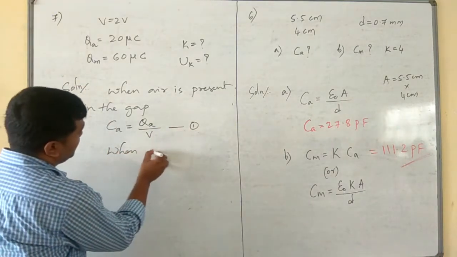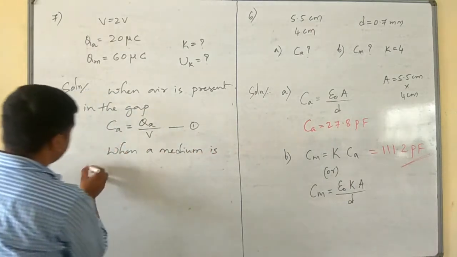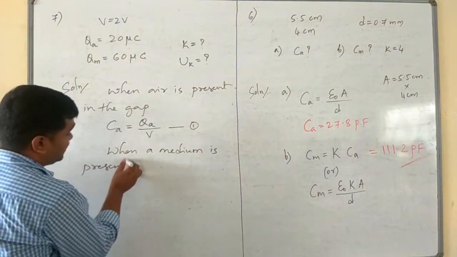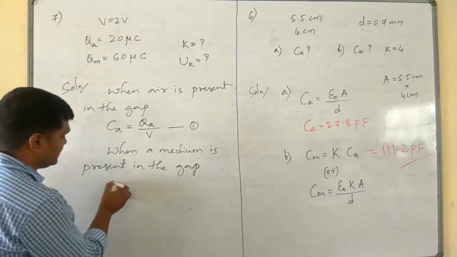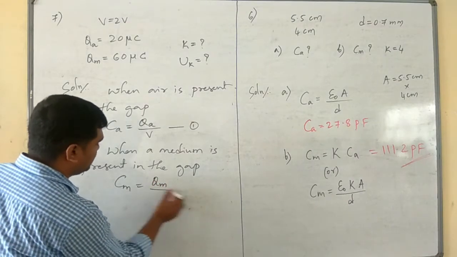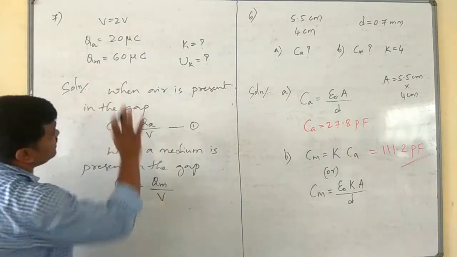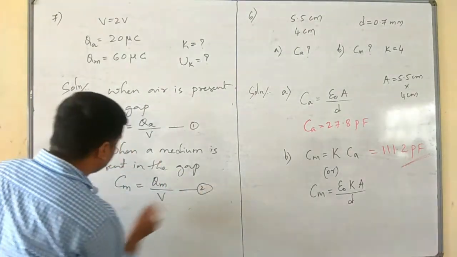Similarly, when a medium is present in the gap, Cm is equal to Q medium divided by V. V is the same in both cases, 2 volts. So this is equation number 2.